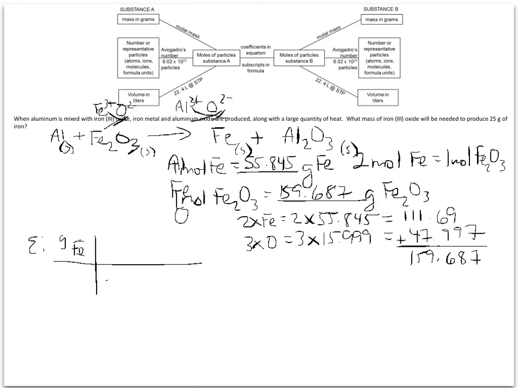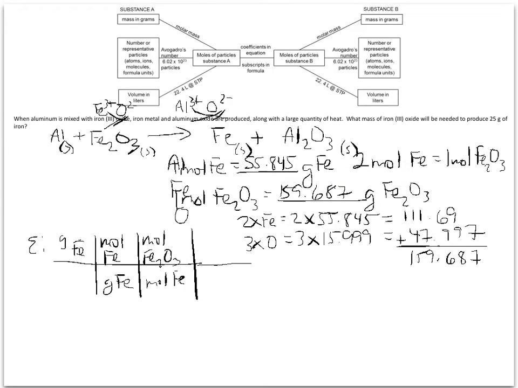And so that means that we need to get out of grams of iron and into moles of iron. That's the first equivalent statement that we use right here. And then we need to get out of moles of iron and into moles of iron 3 oxide. And that is the second equivalent statement here, where we use the coefficients as ratios.